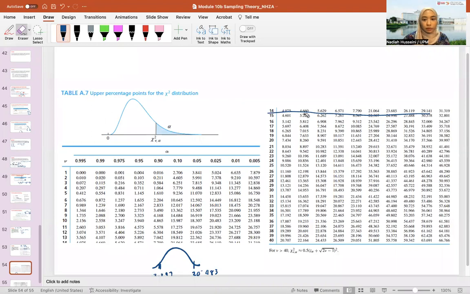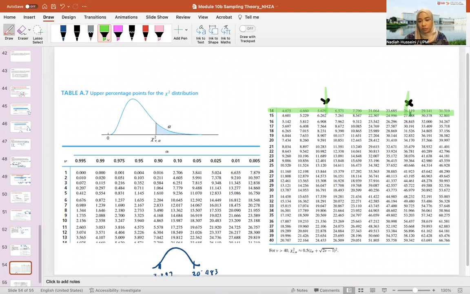Let me find the right columns on the table, one, two, three over here, and one, two, three over here. So I'm looking at 14 degrees of freedom, and this corresponds to 0.975, and this corresponds to 0.025.